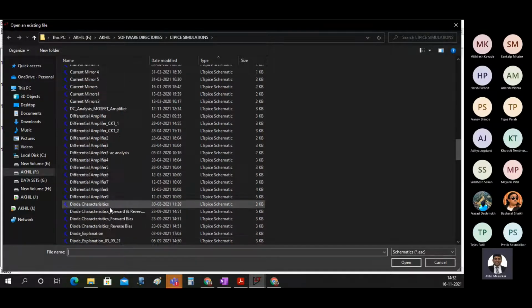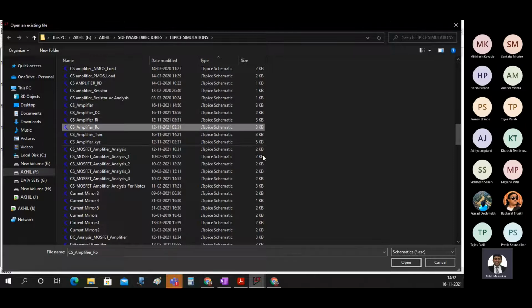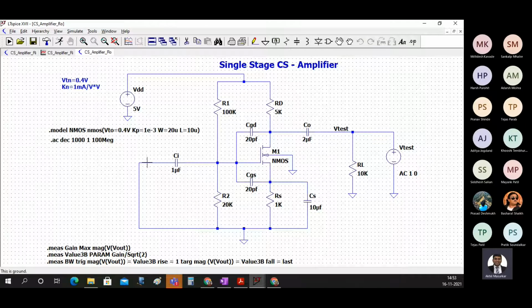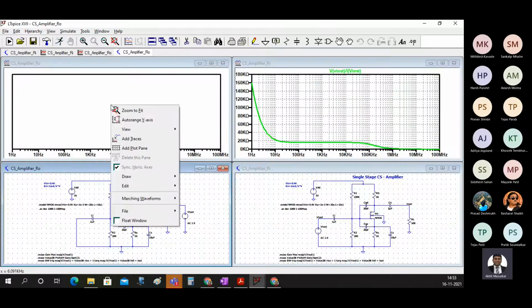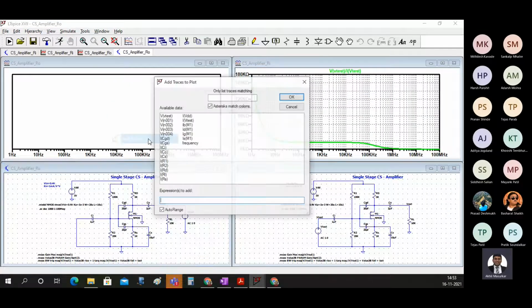Now you can see that the input I have grounded, and I have connected this test voltage on the output side, and instead of V out, I renamed that node to V test. So if I simulate this now, at trace, again I'll write V test divided by I test.